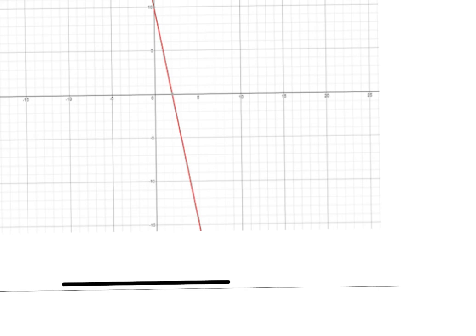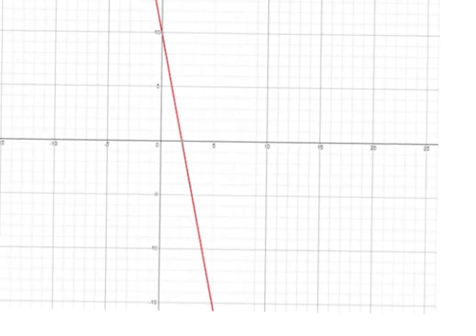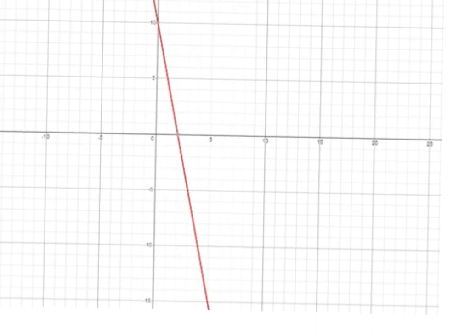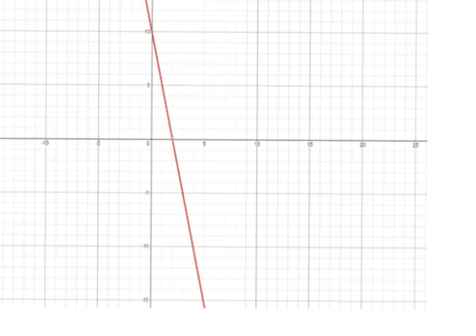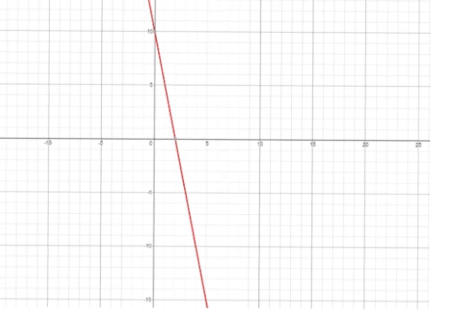Question D, I'm going to zoom in because it was kind of hard to see what was happening just on the paper. So this is crossing through the point 10, 0. And then also down here, I have this cross point of -15. So if I want to find my slope here, I'm going to do my rise, which is going down, and then my run, which is going to the right.